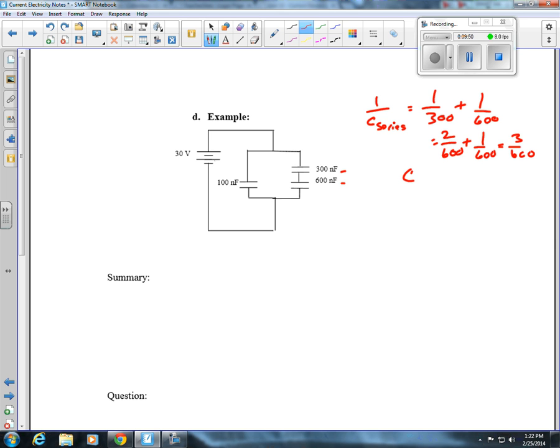So then my C series would be 600 divided by 3, which is 200. Then that's in parallel with the 100, but for parallels I just add them. So my total capacitance is going to be 300.